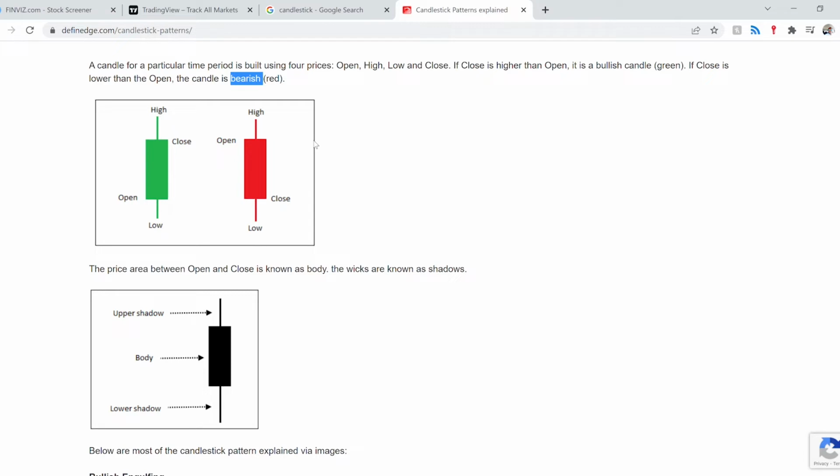But that being said, let's go now to how to make a watch list. A watch list is generally a group of stocks that meet your expectations or criteria, and these are the stocks that you want to trade or buy or invest in.